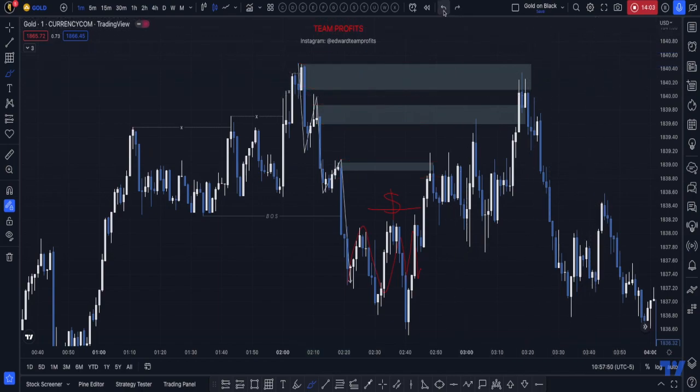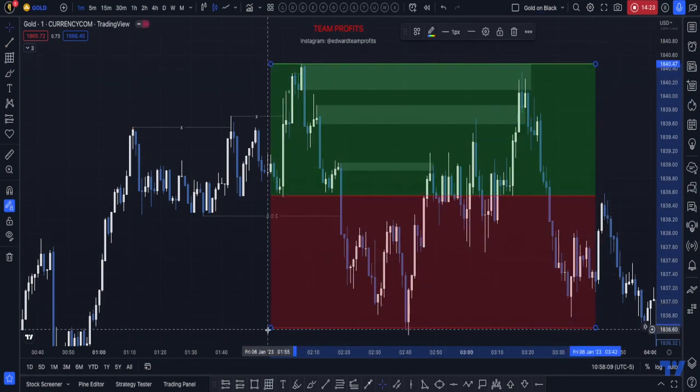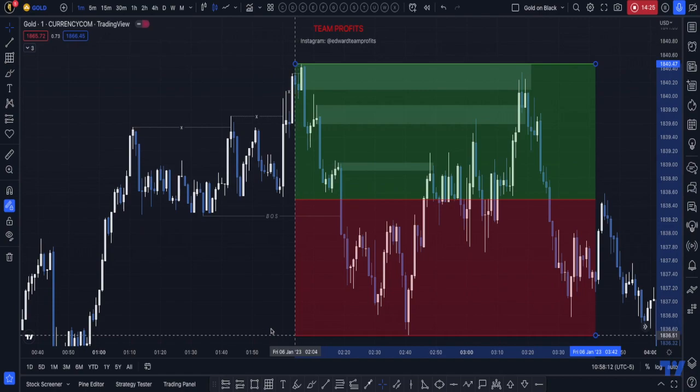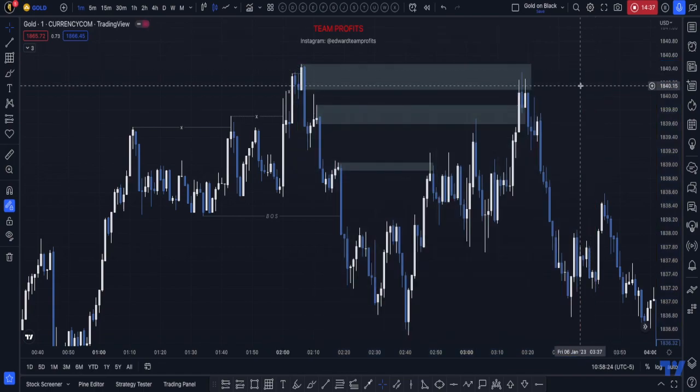At the end of the day, you don't know if the market is going to react on this one or this one or this one. In this case, what would you do? Are you going to make three positions right here? Let's use the Gann box to see where we are, in the premium or discount. So holy cow, coincidentally, these three order blocks are all in the discount area. What am I going to do here?